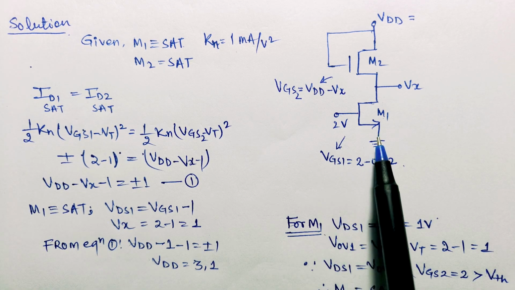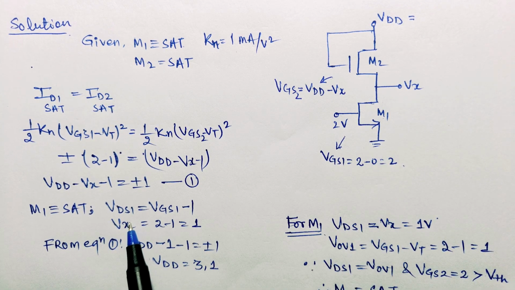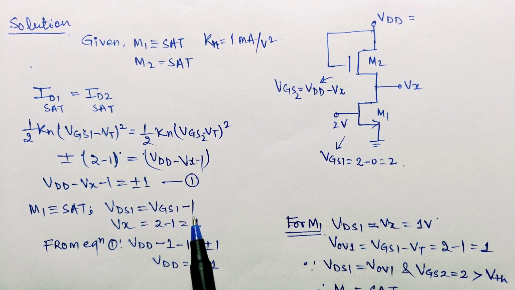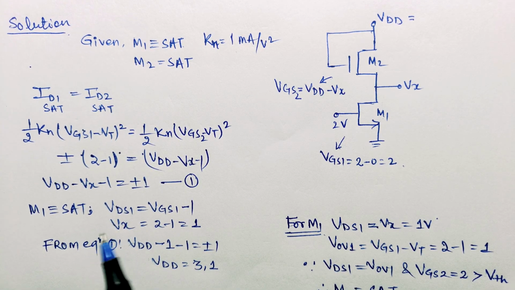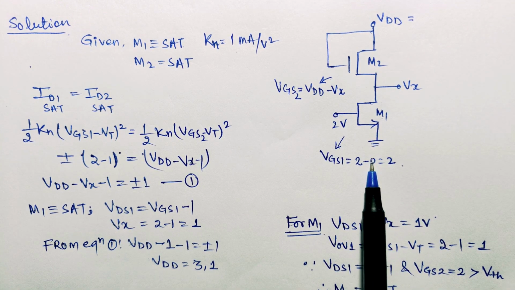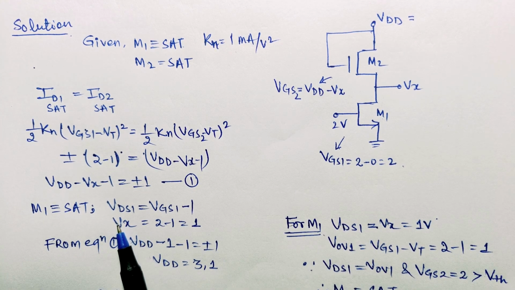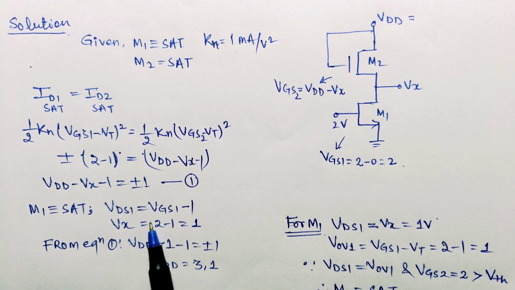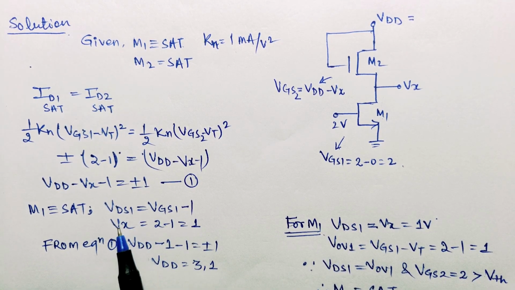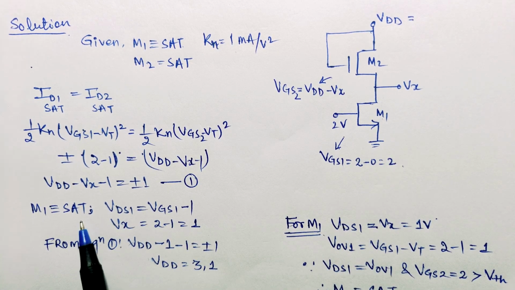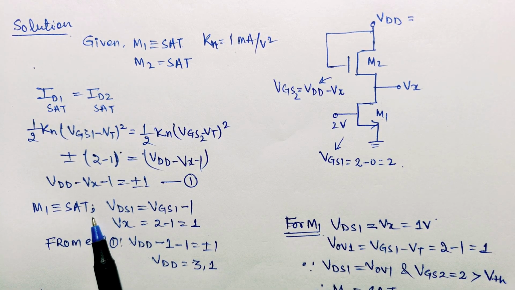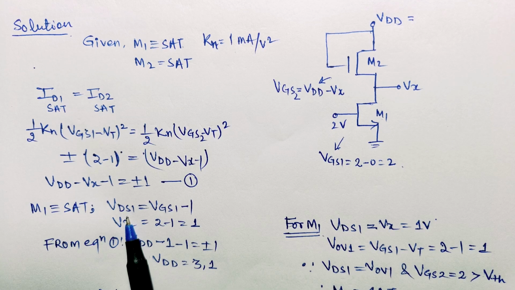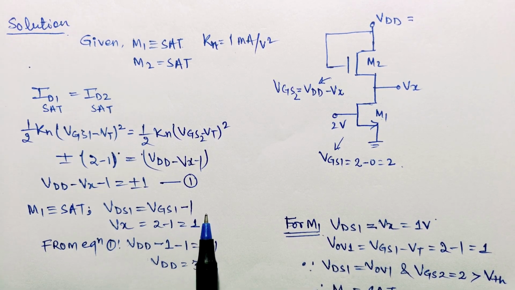If M1 is in saturation region, then VDS1 will be equal to VGS1 minus 1. You know that if a transistor is working in saturation region, then the condition should be VDS greater than or equal to VGS minus VTH. Here this M1 transistor is working in saturation region as it is said in the question, so the minimum condition will be VDS1 equal to VGS1 minus VTH.